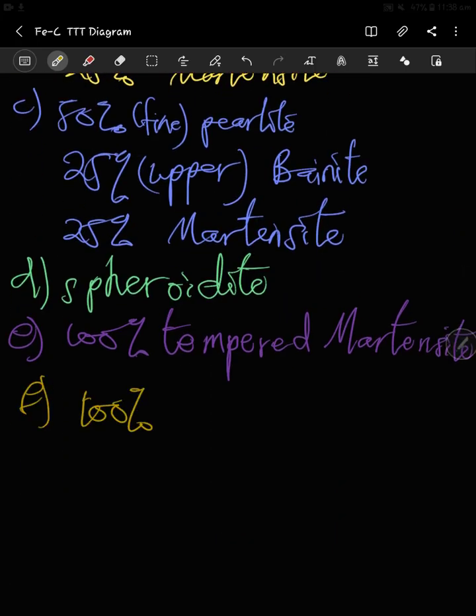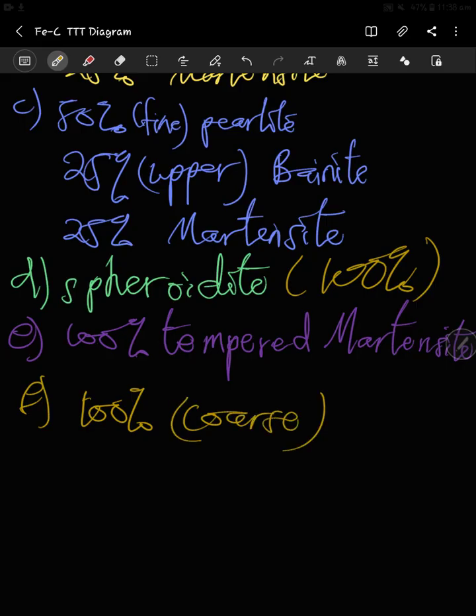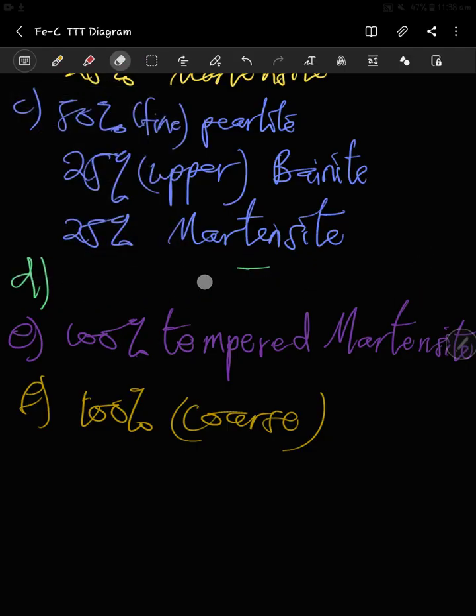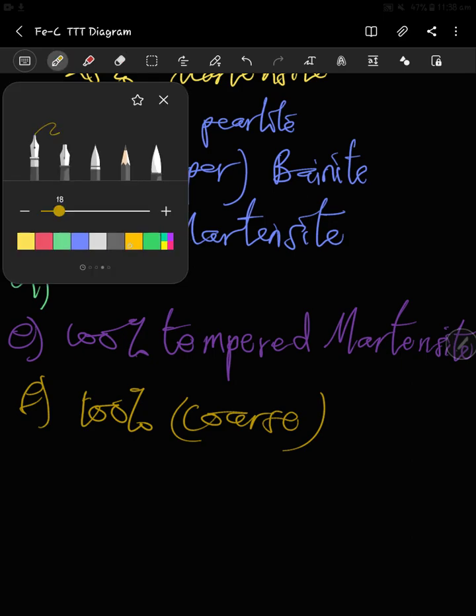So 100% coarse pearlite. Remember, the percentages are very important. Without the percentage, we don't know what you're talking about. It could be a different structure. So let's do this right. Very, very important, the percentages, right?